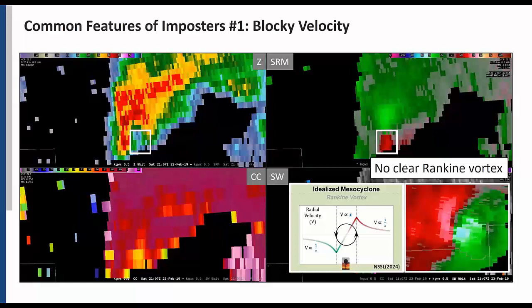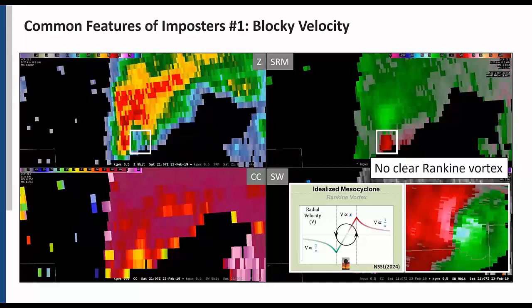When we talk about a Rankine vortex, what that means is that as you start approaching the mesocyclone from the outside, theoretically, you start to see a slow ramp up in intensity of your velocity data, both inbound and outbound. It tends to reach a peak right near the edges of the circulation, and then as you go to the middle of the circulation, it tends to drop off towards zero.